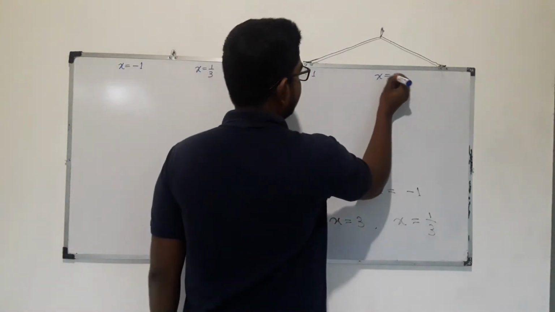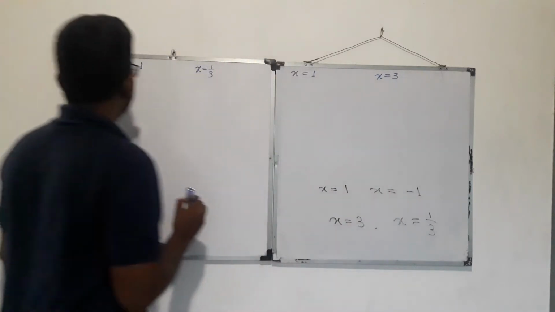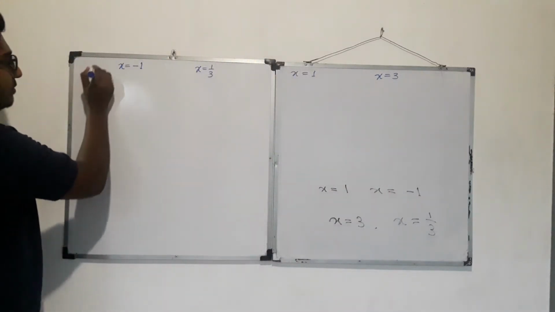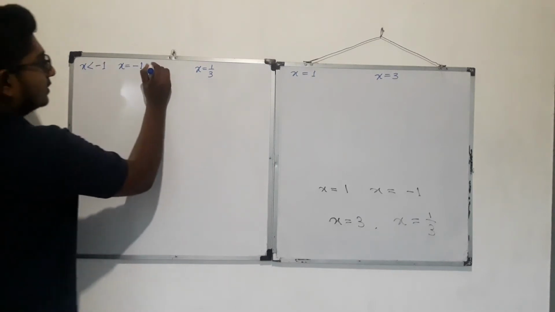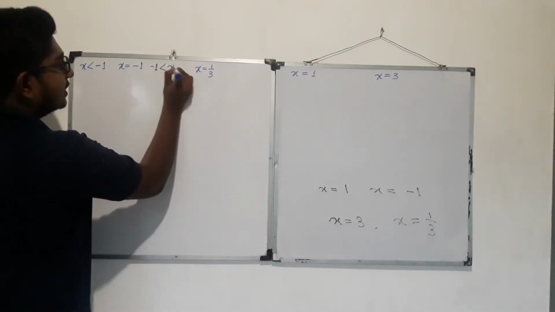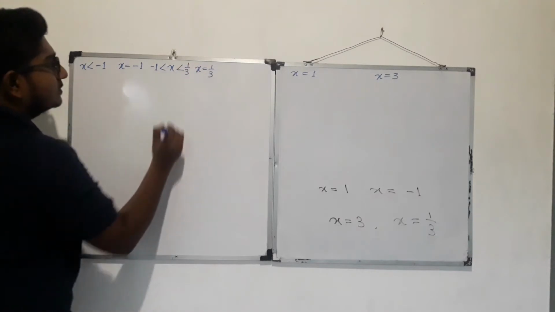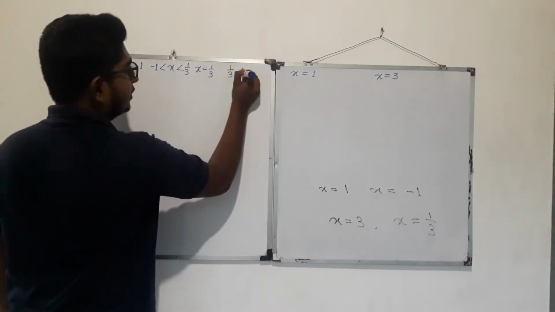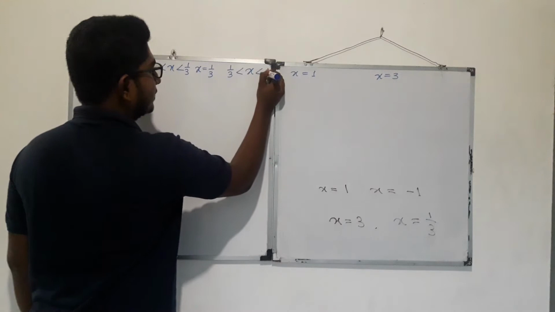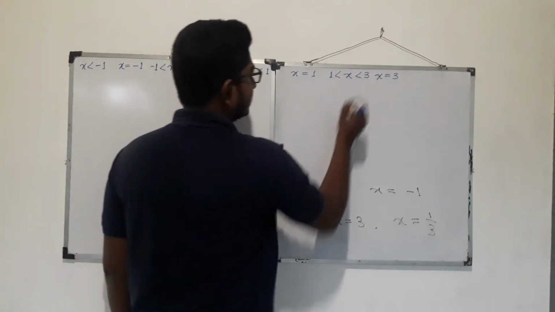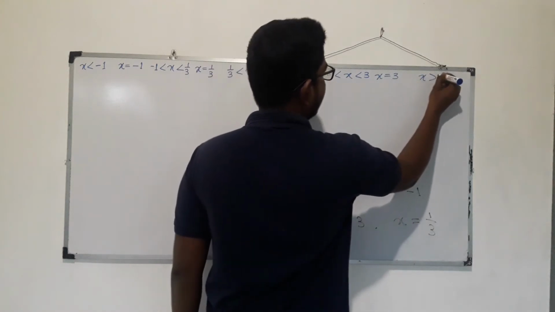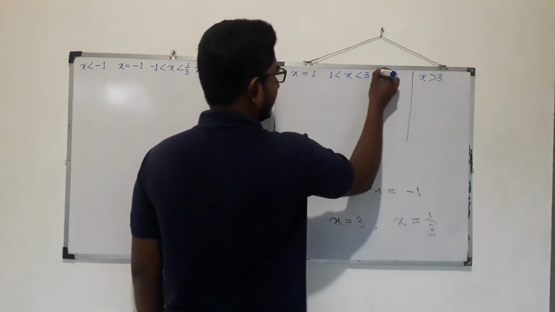Next x equals 3. Then the range before this is x less than -1. Here it is between -1 and 1/3. Between 1/3 and 1. Here it is between 1 and 3. This is greater than 3. These are the ranges.